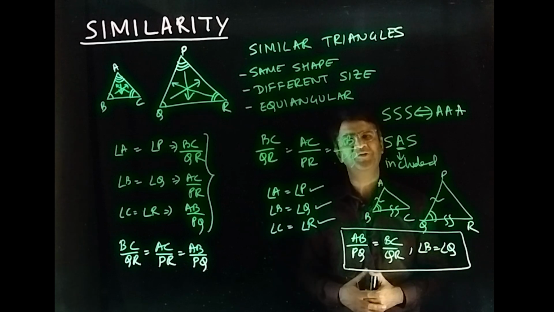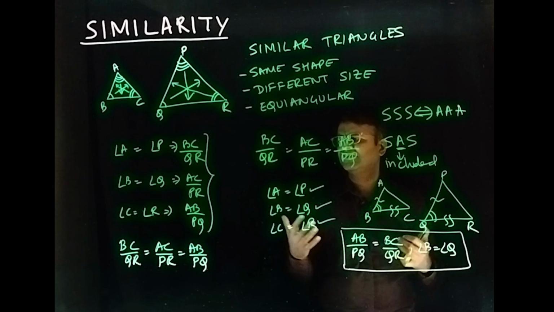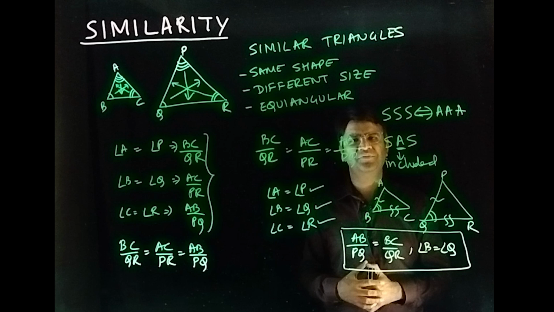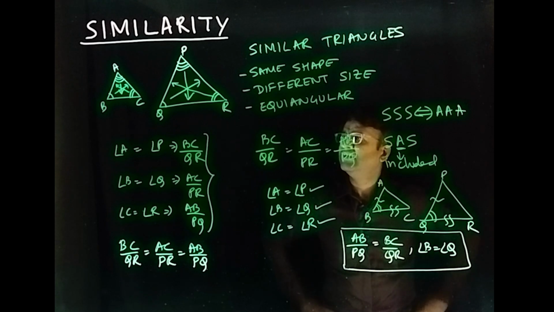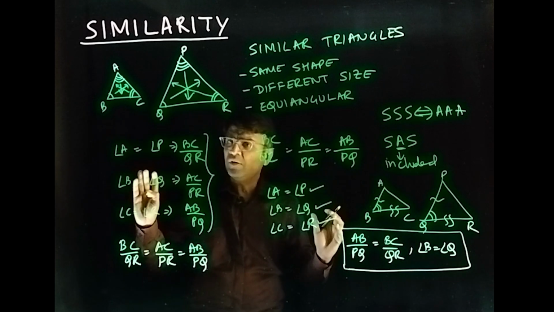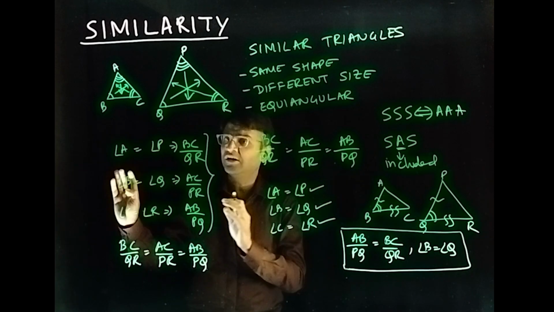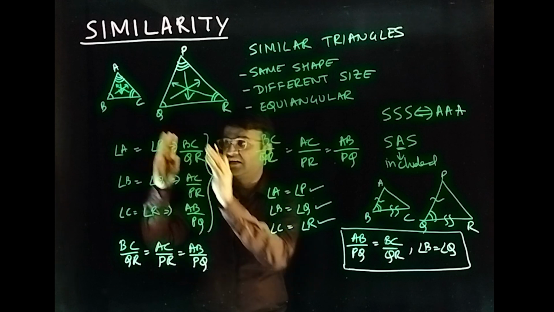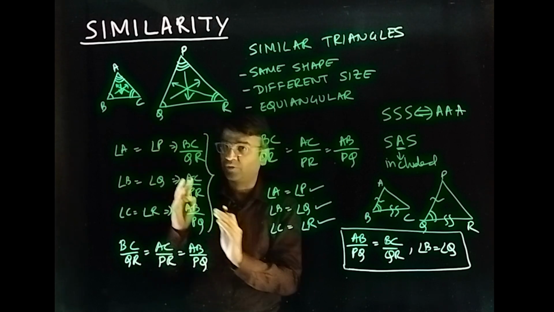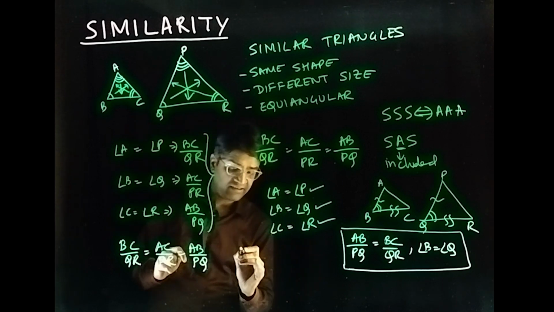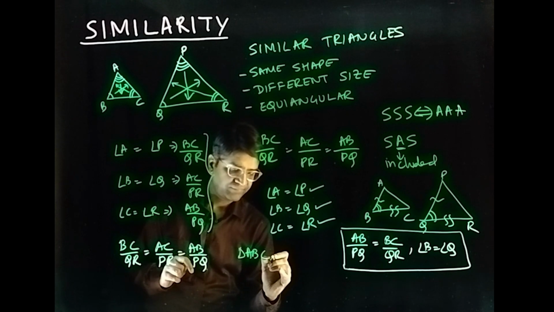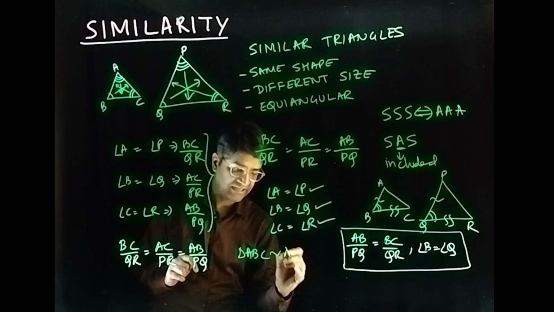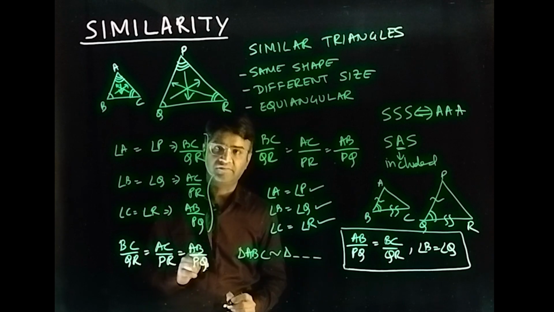I did not do any sum today because I found that most of you have problems in understanding the concepts of similarity. So today I thought just to explain this concept. Now I'm going to talk about another place where you all make a mistake other than maintaining this order. Say I write triangle ABC similar to triangle, and I should fill in the blanks.